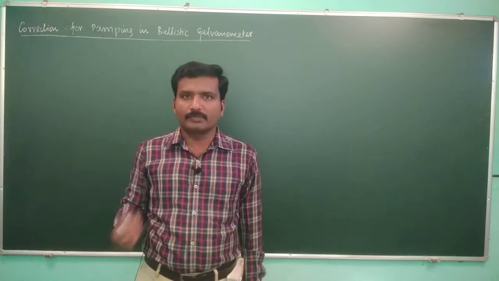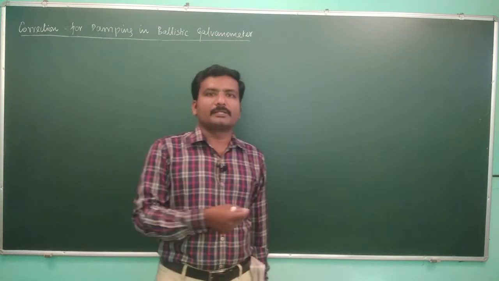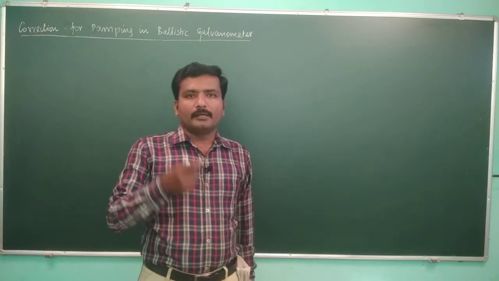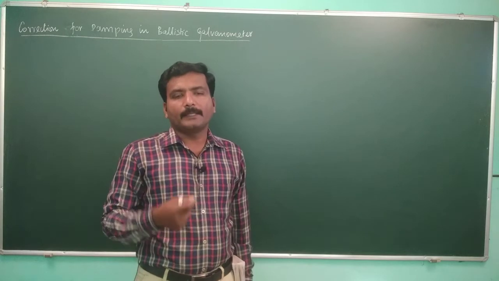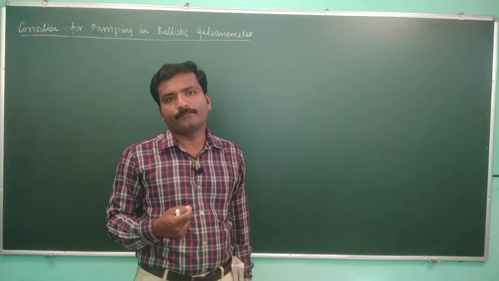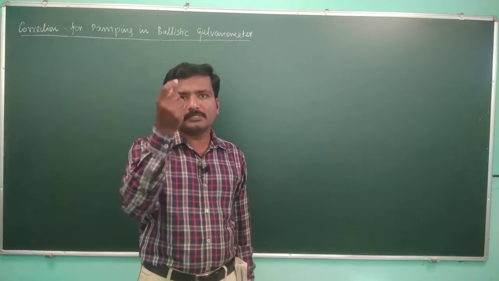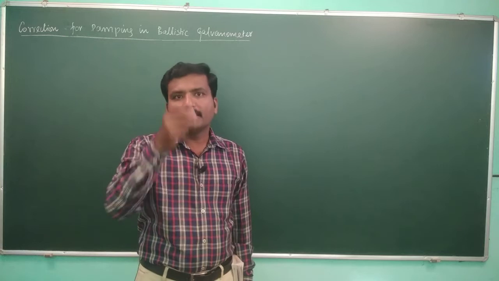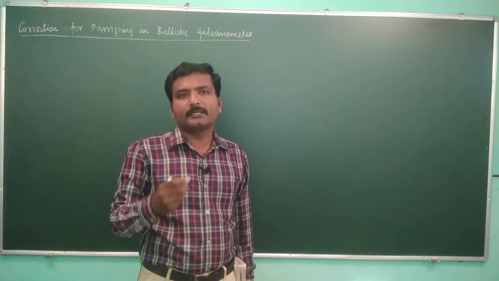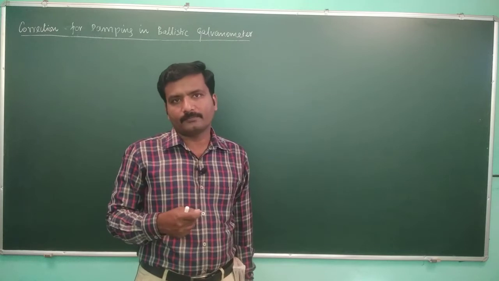This current will pass through for a momentary time, and we assume that the kinetic energy imparted because of this current passing through it is completely used to twist the torsional wire on which this rectangular current carrying coil is hanged.